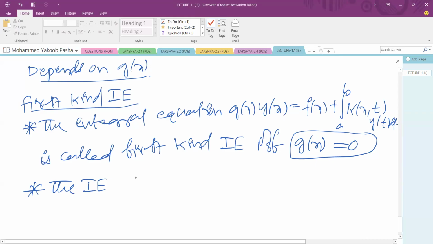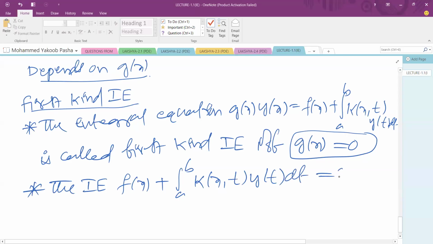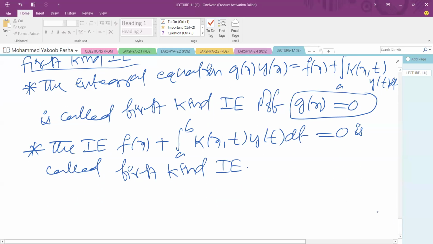Rearranging this, we get f of x plus integral a to b k of x comma t y of t dt is equal to 0, which is called a first kind integral equation. Only when g of x is 0 does the general form become f of x plus integral a to b k of x comma t y of t dt equal to 0, and this is called first kind integral equation.